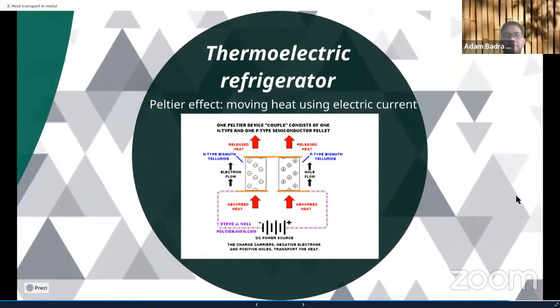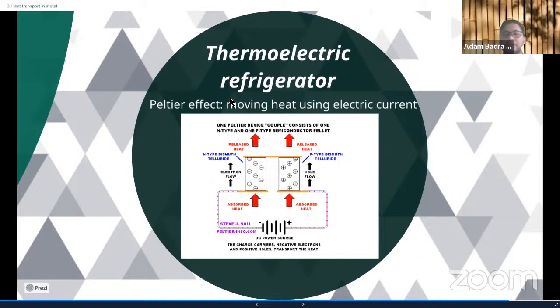This is the opposite: by using electric current we can move heat. In your lab maybe you will have something like this. It's called a Peltier device, and it's based on an important effect called the Peltier effect, found by Peltier. The Peltier effect is that you can use a DC power source, an electric power source, to move the heat in your desirable direction.